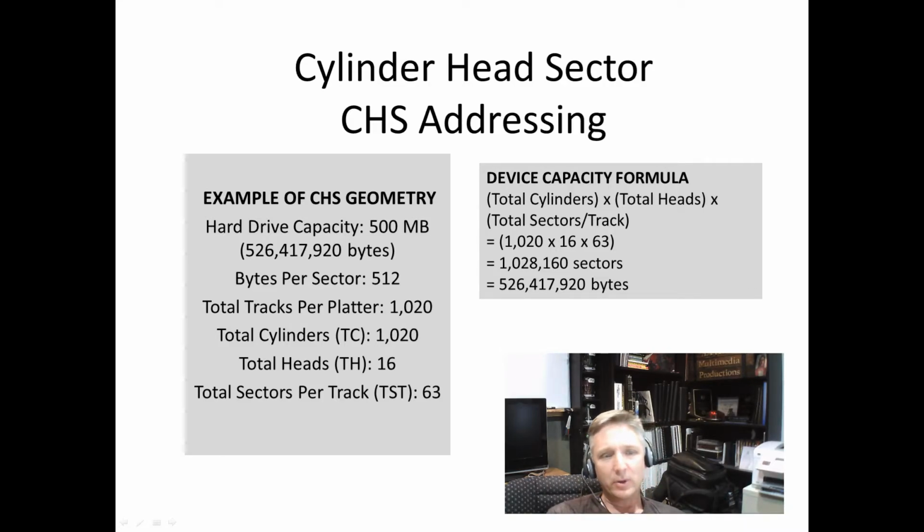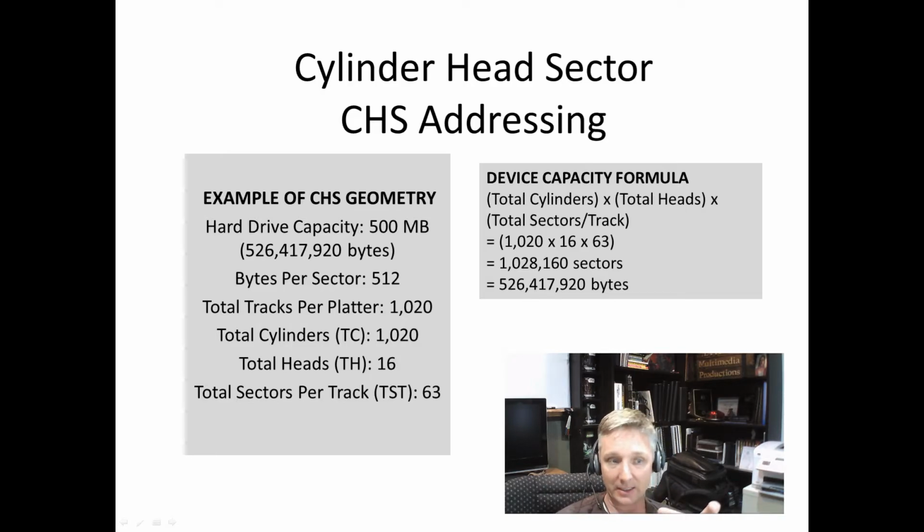If we want to figure out how we get this 500 megabyte drive, how do we get 526 million bytes? Well, we take the total number of cylinders or tracks per head. Those concentric circles, we're talking about cylinders. There are 1,020 of those, and we multiply that by the total number of heads, the top and the bottom.